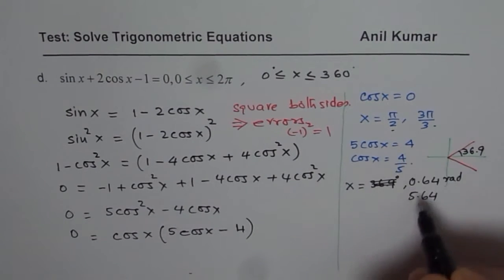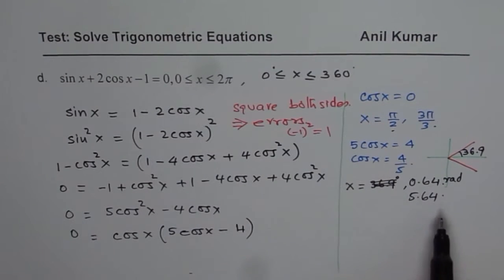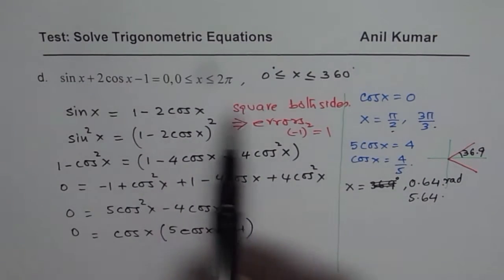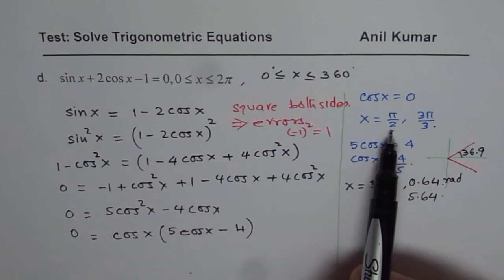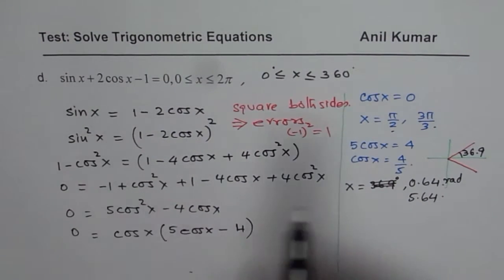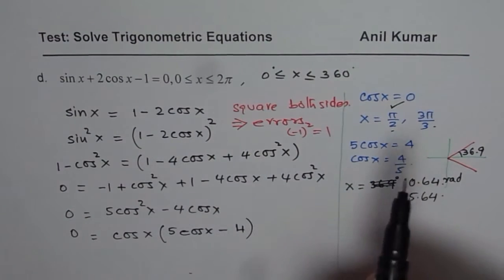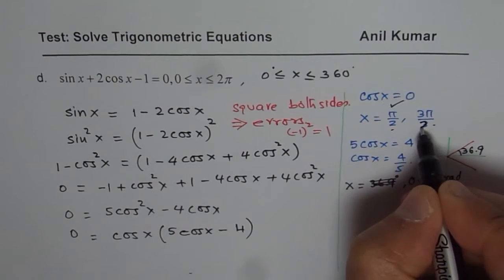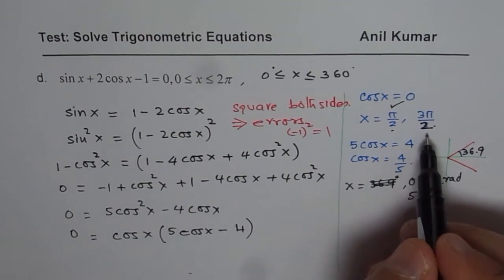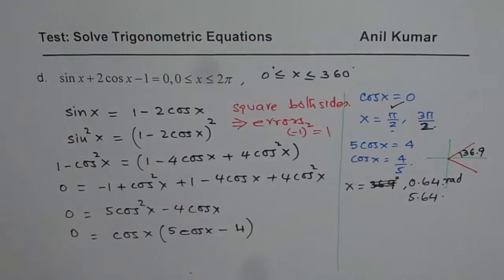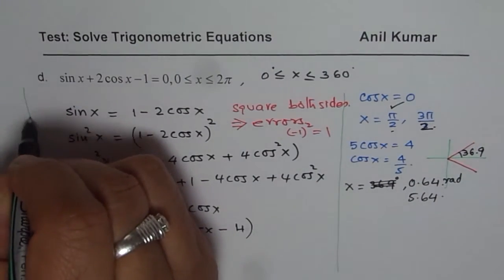So 1, 2, 3, and 4. What you need to do is substitute these in the original equation. When you substitute pi by 2, sin of pi by 2 is 1 and cos is 0, so that works. However, when you substitute 3 pi by 2, I wrote it wrong earlier, sin of 3 pi by 2 is negative 1, correct?